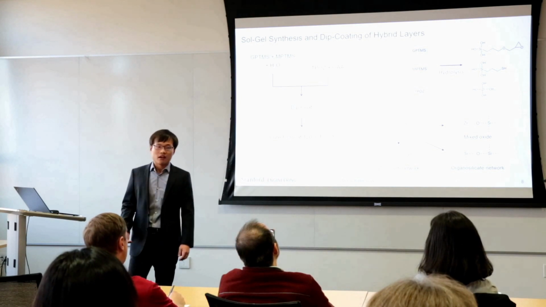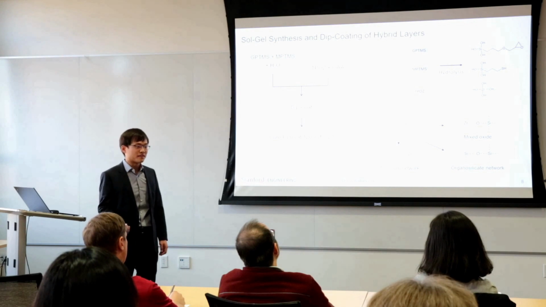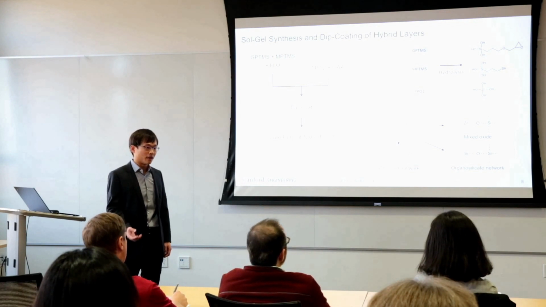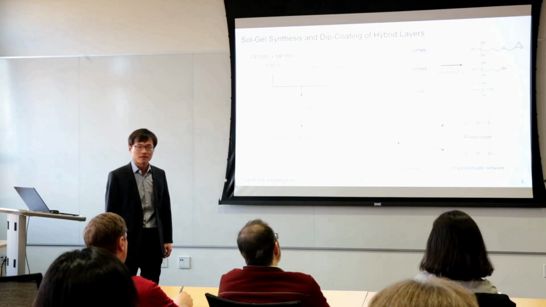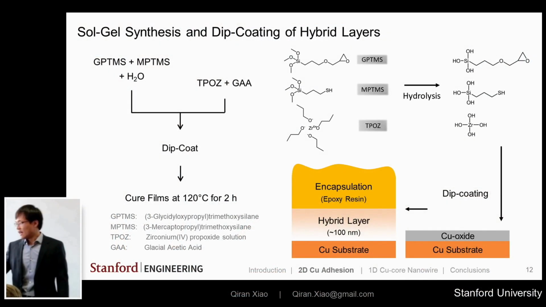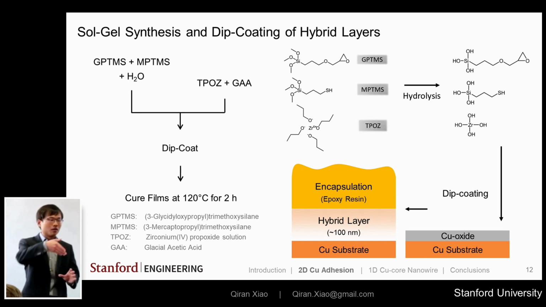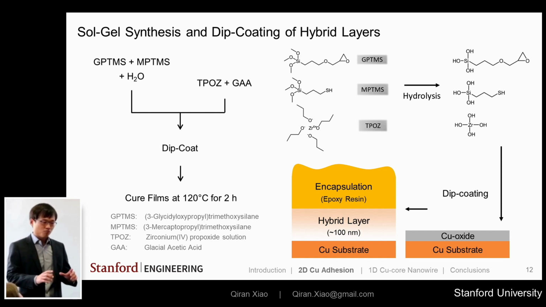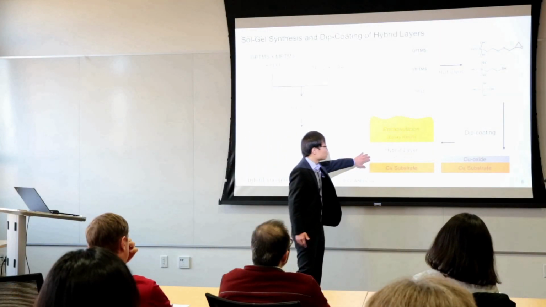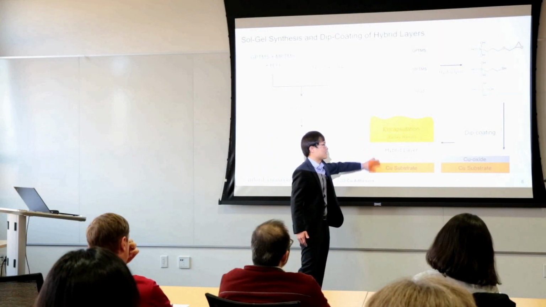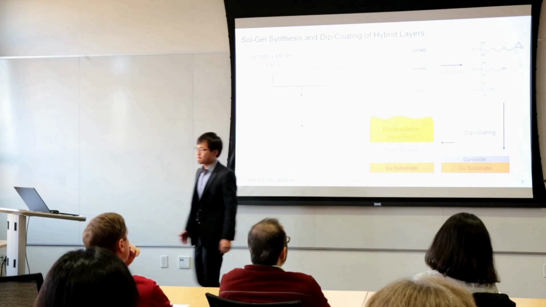The silane molecules can also react with themselves to form an organosilicon network consisting of silicon-oxygen-silicon bonds. And then we dip coat our copper substrate into the sol-gel solution and withdraw at a predetermined time. And by doing that, we will achieve a graded hybrid layer that is optimized for bonding the chemically distinct interfaces.